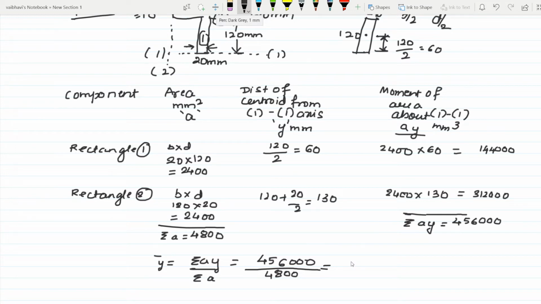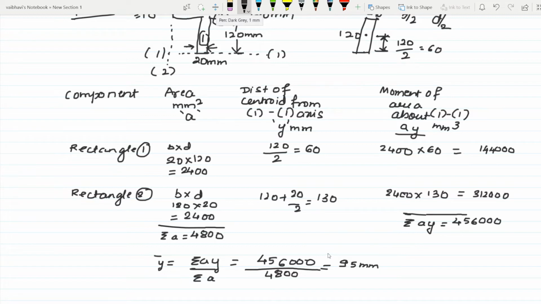So we get Y bar as 95 mm. Okay, so we have got the Y bar value. I hope all of you understood how to find the Y bar.